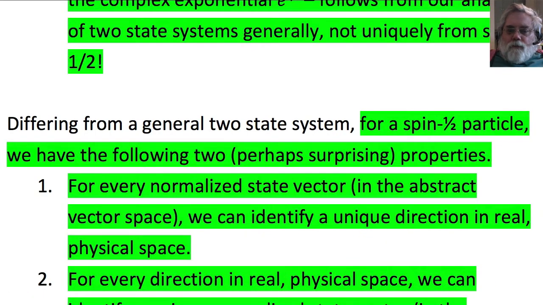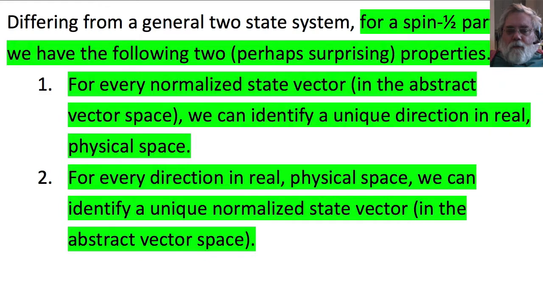Differing from a general two-state system, for a spin 1/2 particle, we have the following two properties, which might be surprising, certainly interesting. For every normalized state vector in the abstract vector space, we can identify a unique direction in real physical space. And the second property, for every direction in real physical space, we can identify a unique normalized state vector in the abstract vector space.